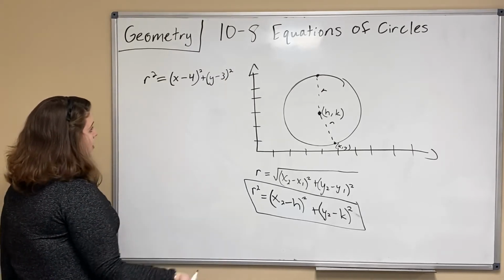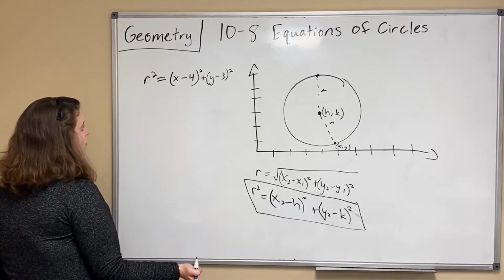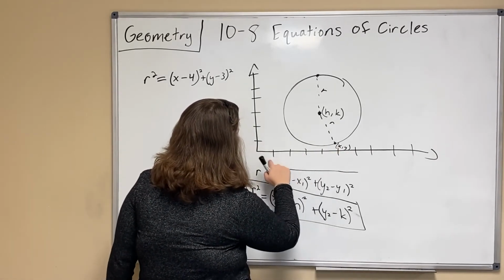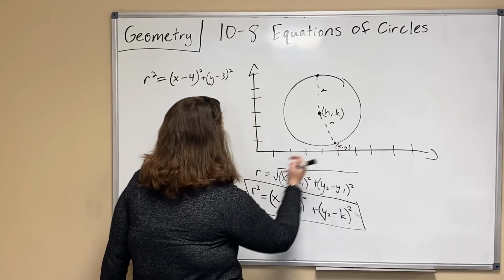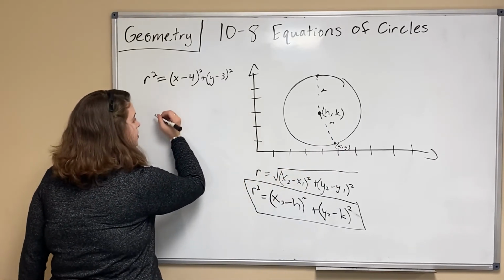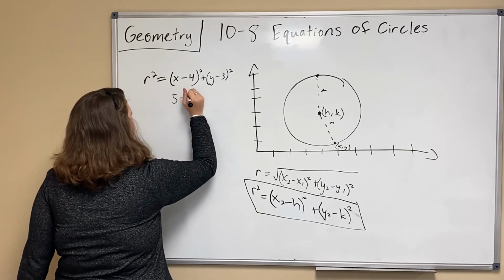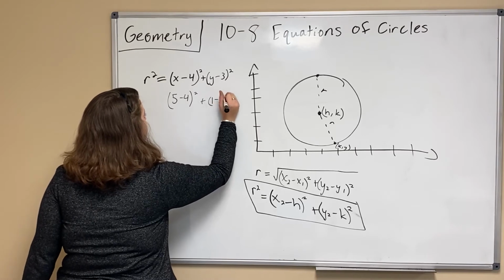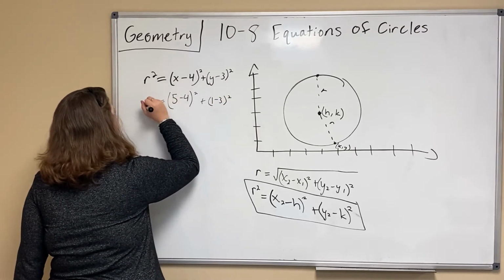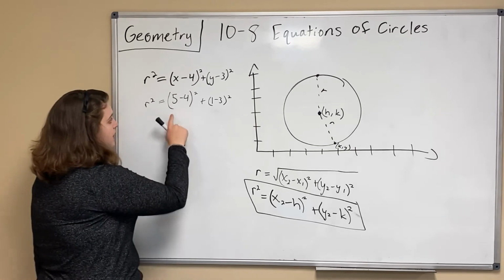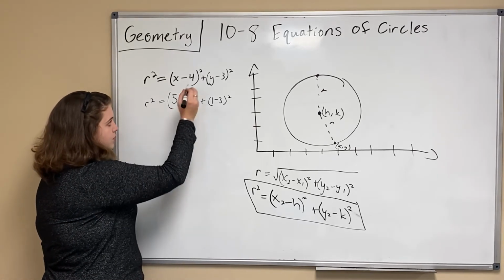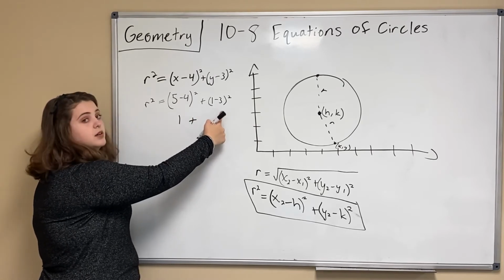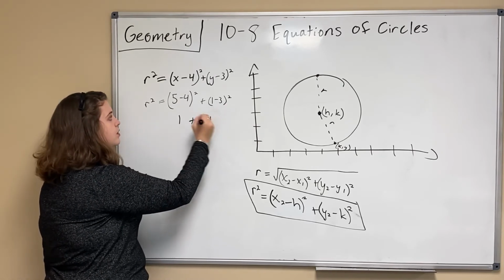To solve for r, I need to pick a point on the outside of the circle. I've already got one here at 1, 2, 3, 4, 5, and 1. So I'm going to put in (5 minus 4) squared plus (1 minus 3) squared, which is going to give us our r squared. 5 minus 4 is 1. 1 squared is still 1. 1 minus 3 is negative 2, and negative 2 squared is 4.